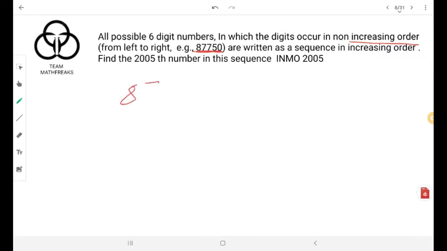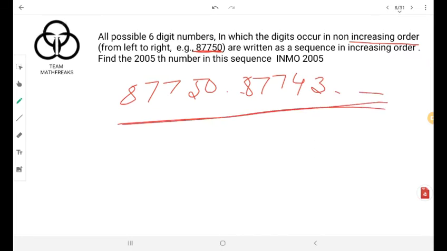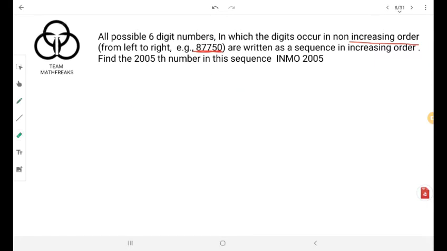Like 8, 7, 7, 5, 0, then 8, 7, 7, 4, 3, and so on, written in a sequence in increasing order.